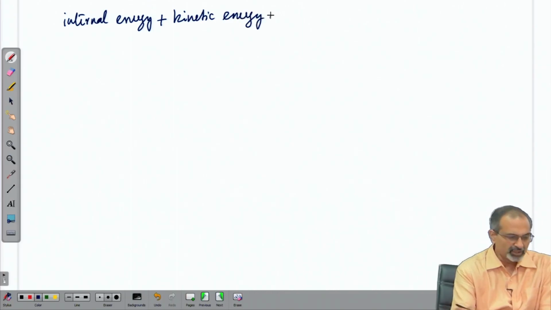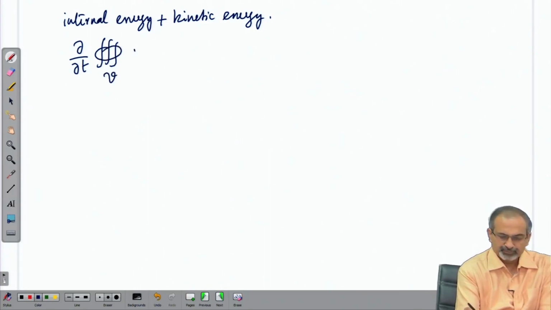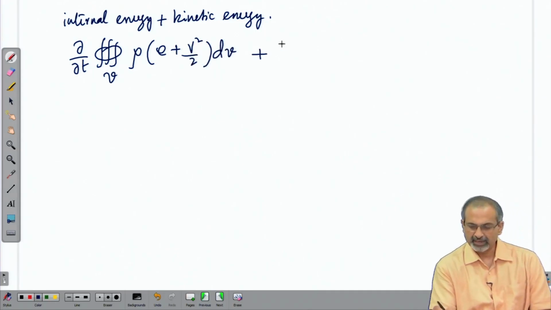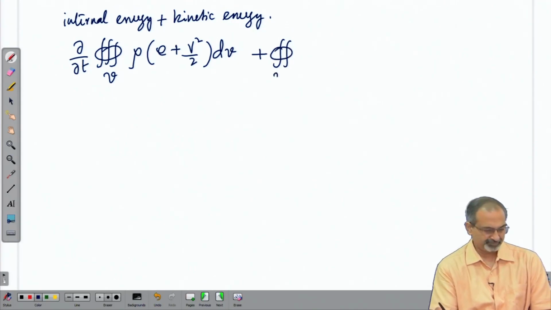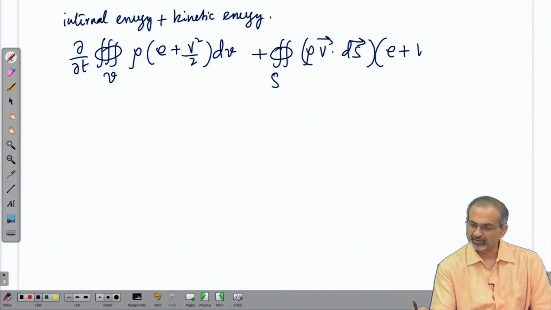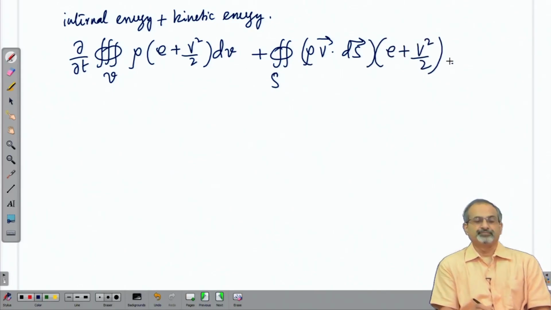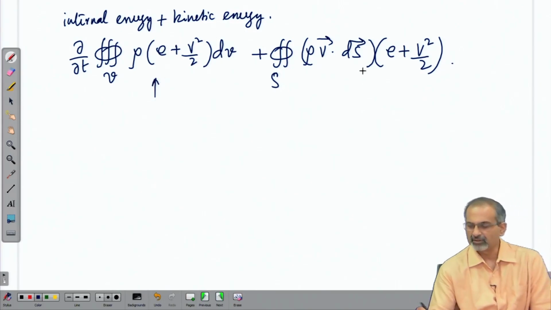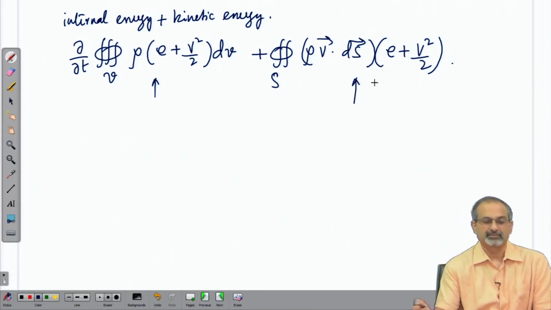So, when we put those together, we are going to write two terms which show the internal energy content within the control volume, how it changes with time, and the internal energy and kinetic energy flux across the control volume surface. So, these are the two effects. This is the time rate of change of the content and this is the flux.